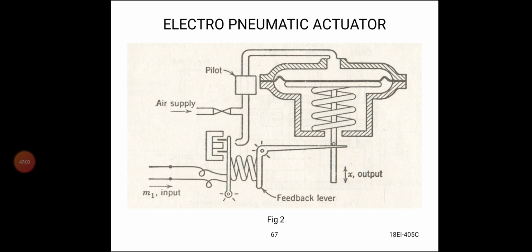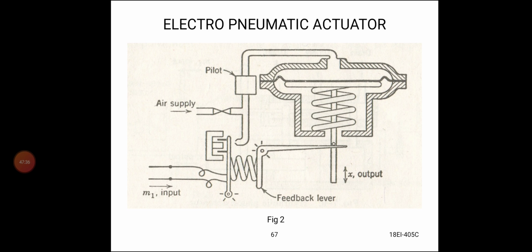The change in pressure causes a change in shaft or stem position of the actuator. So delta P causes delta X. Delta X is directly proportional to A by K of delta P. A by K is a constant, so the change in shaft position is directly proportional to the change in pressure.